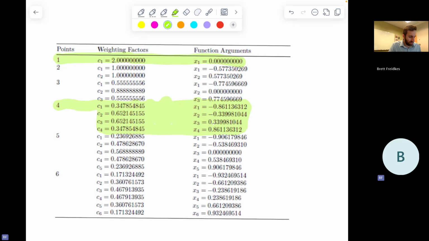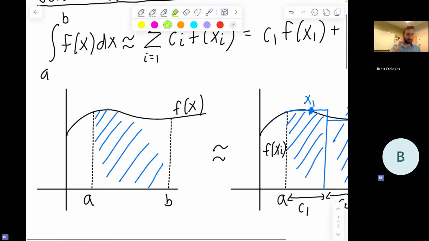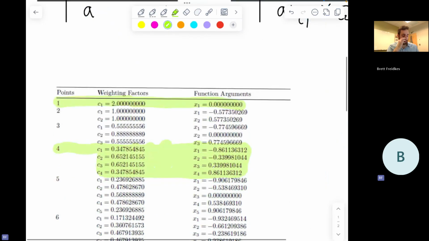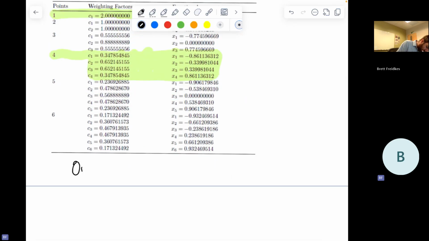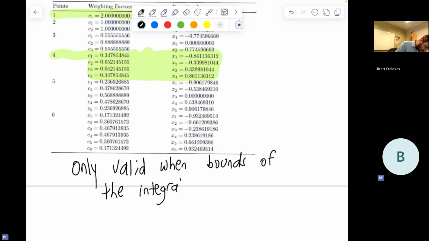And so on. But we have to learn what the prerequisite is for using this table, because it would be nice to use this table, but if I have the integral from a to b and a is some number and b is some number, and I dramatically change those a and b values, is this table still accurate? And the answer is no. This table is only valid when the bounds of the integral are -1 to 1.